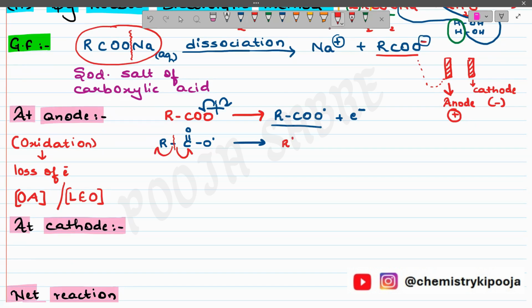Since this electron has been shifted over here, this carbon will have a free radical, and this one dot and this one dot will combine, and there will be an additional bond between carbon and oxygen. So I can write C double bond O.